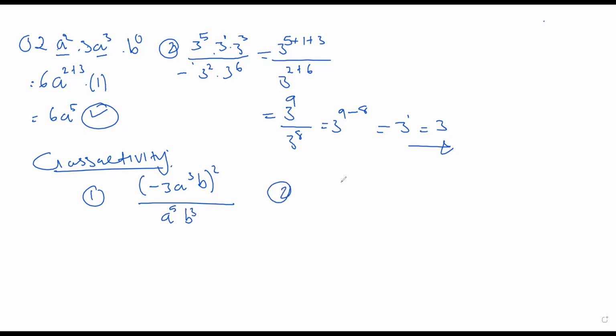Secondly, we have 2x divided by (8y minus 4) to the exponent negative 3. This is a class activity.